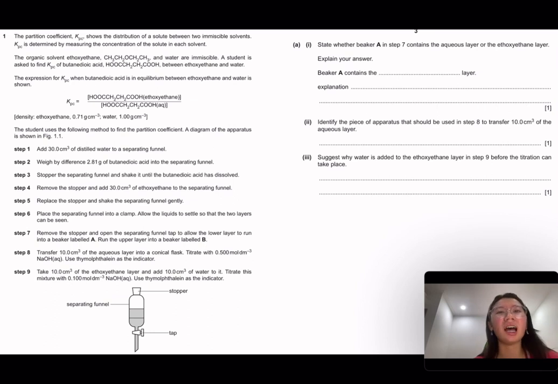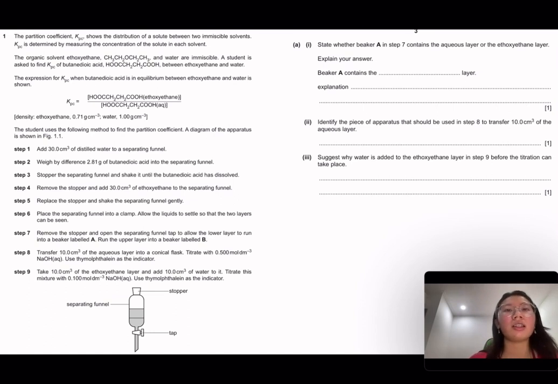The student is asked to find KPC of butanoic acid between ethoxyethane and water. The expression for KPC when butanoic acid is in equilibrium between ethoxyethane and water is shown. So again, this equation might be useful later on if they ask us to find the expression for KPC. Most likely they will.